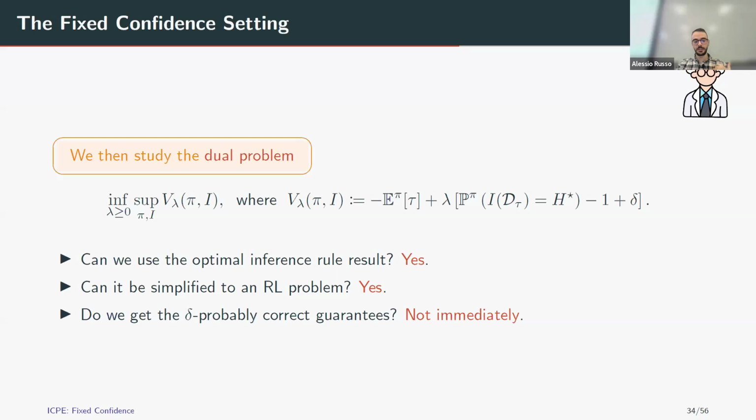We can also guarantee the delta correctness for the dual problem under some assumptions. And this is the dual problem we are looking at. So we are defining this b lambda, where lambda is the Lagrangian variable. And here we have minus the sample complexity plus lambda that multiplies the term that we had in the constraint.